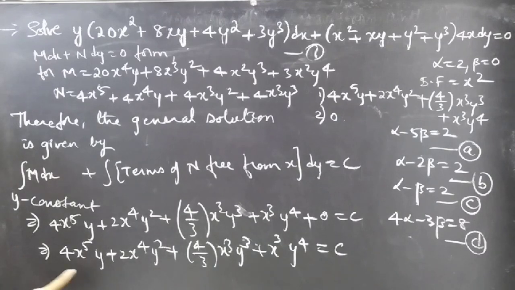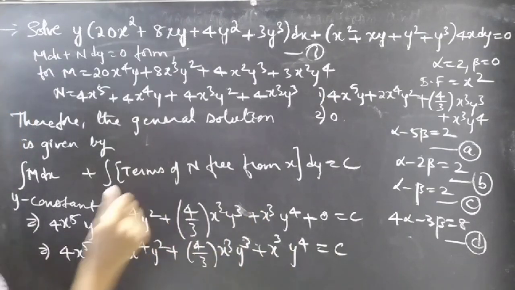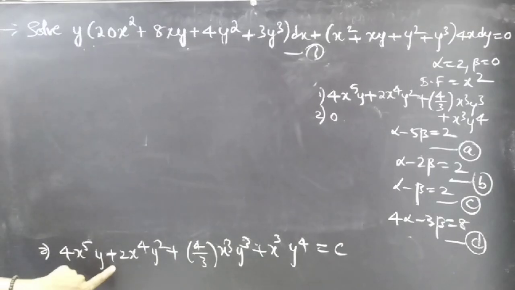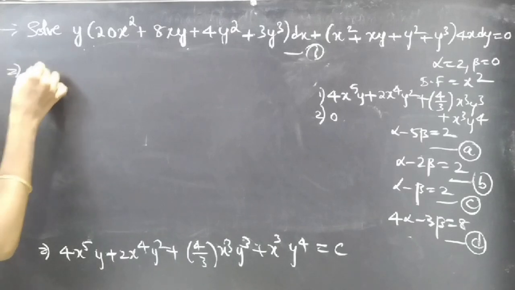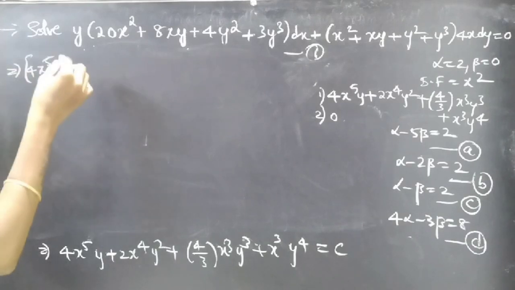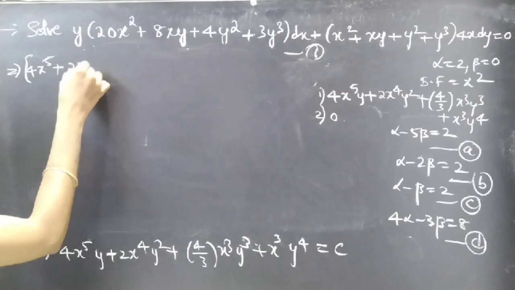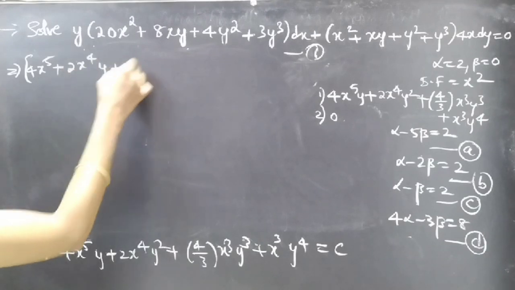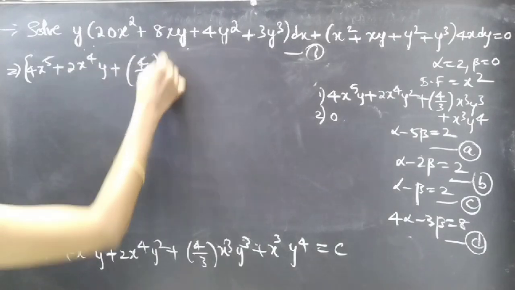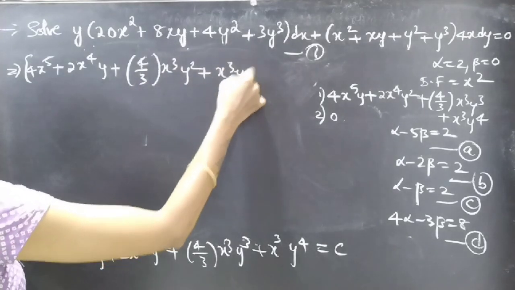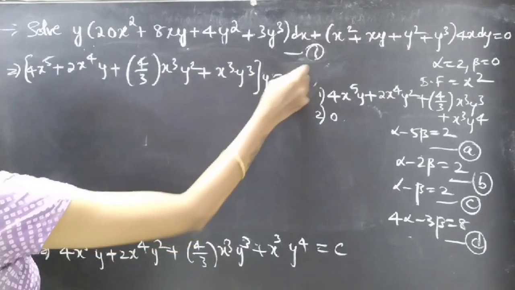Now take y common from all these terms. So this is a required general solution, or we can write this as, just take y common, you'll get 4x power 5 plus 2x power 4 y plus 4 by 3 x cube y square plus x cube y cube into y equal to c.